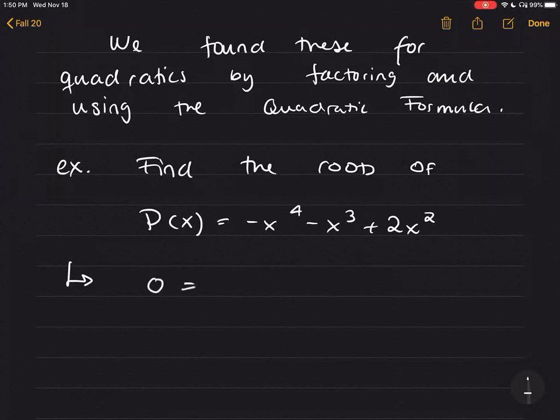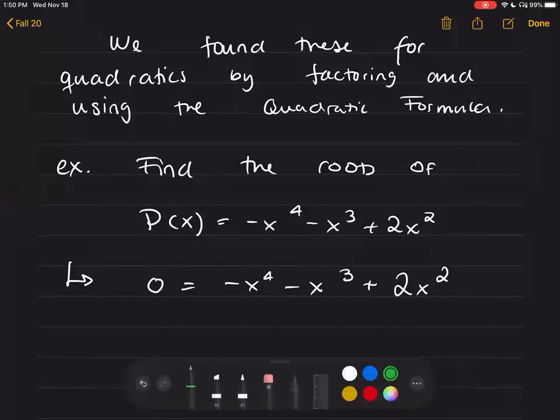So the first step is to let 0 equal this. We want to solve for x where p of x equals 0, right? And what you're going to notice is that in each of these terms, we have an x factor. In fact, in each of them we have at least 2, because the smallest one is x squared.